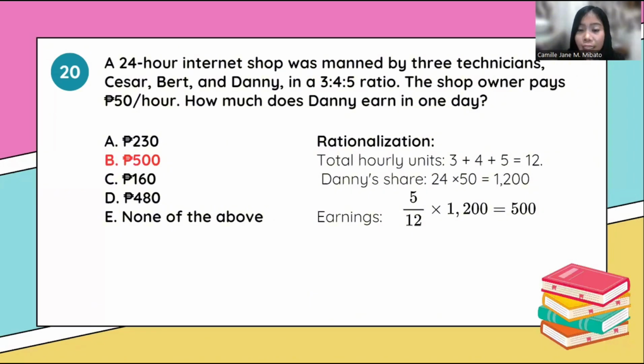So ang iya ding earnings, 5 divided by 12 times 1,200 is equal to 500. So, therefore, si Danny, maka-earn siya in one day of 500 pesos. Okay, gets? So the answer is letter B, 500 pesos.